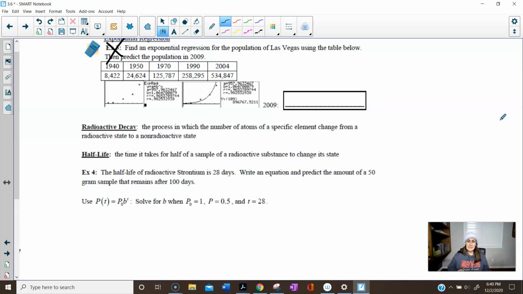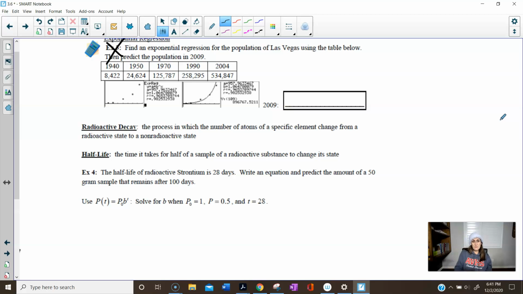When you die, you no longer produce that amount. And so what we would do is look at the bones and determine how much C14 is left. Based on the half-life, we could predict the age of the bones. So carbon dating has to do with radioactive decay and with half-lives. Half-life is how long it takes for half of the sample to go from radioactive to non-radioactive.